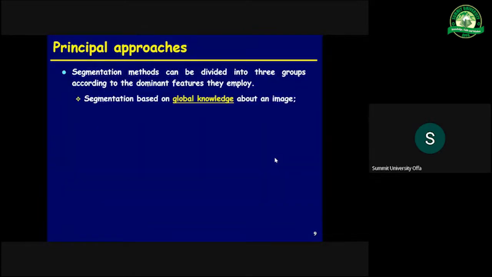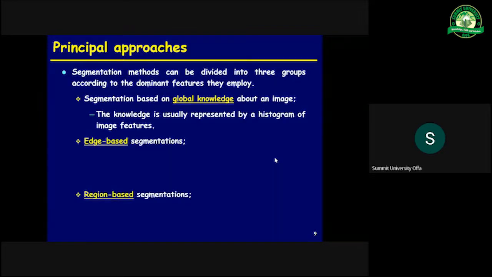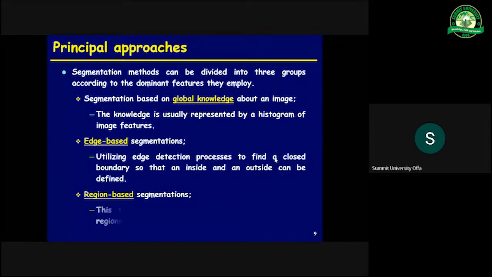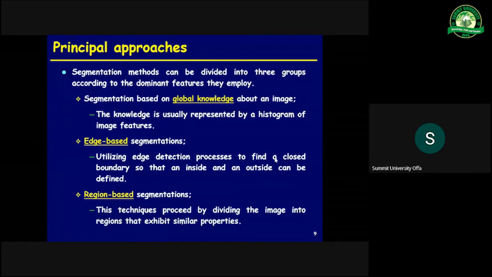Now, we can divide segmentation approaches into three groups according to the dominant vision they employ. You can have segmentation based on global knowledge about an image.